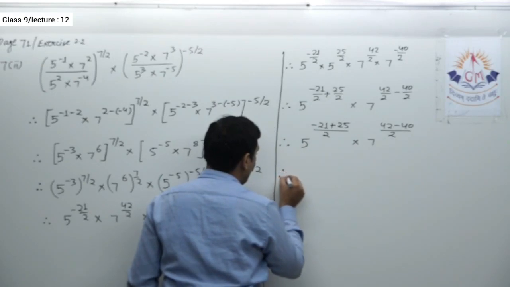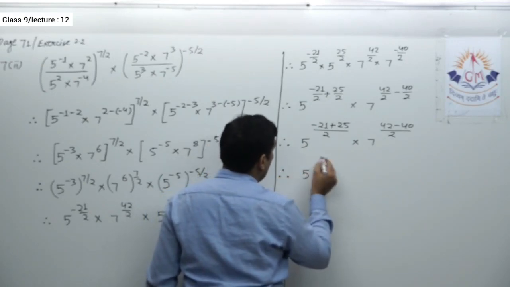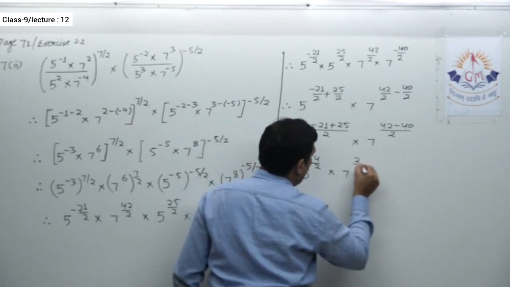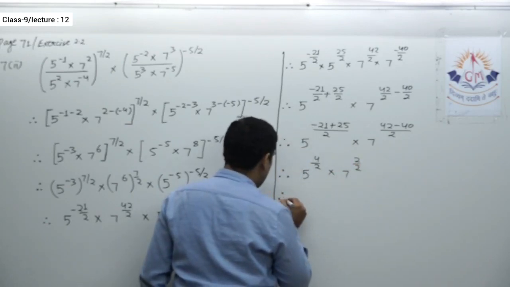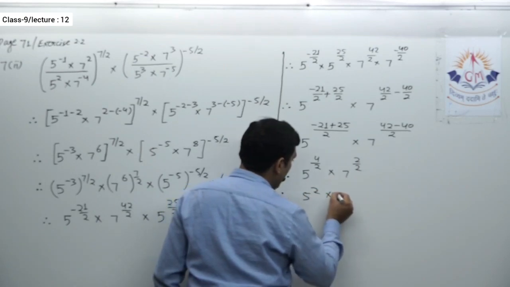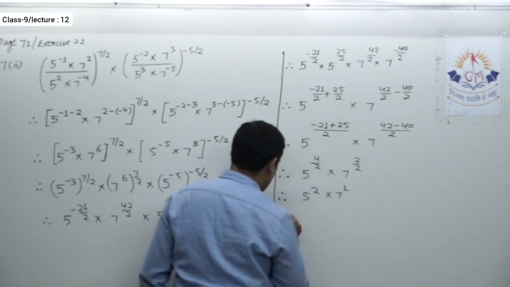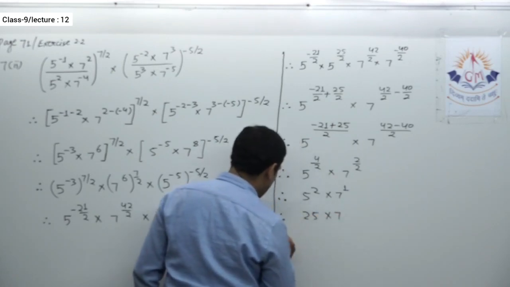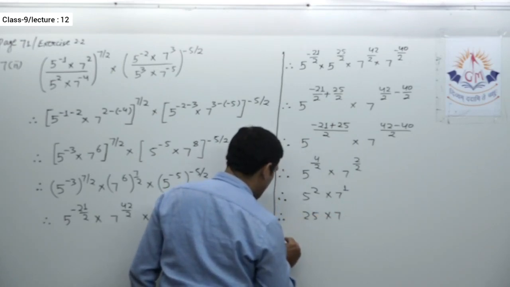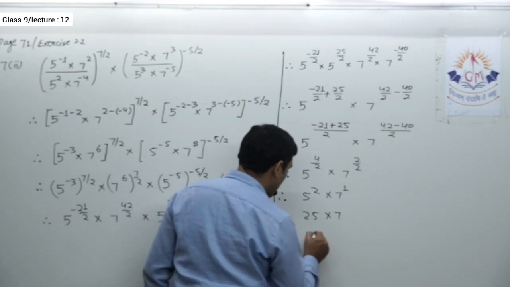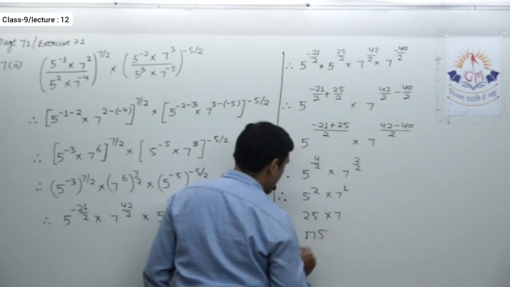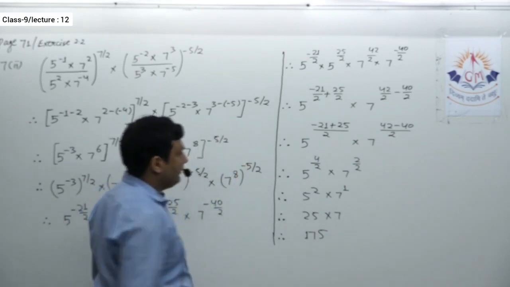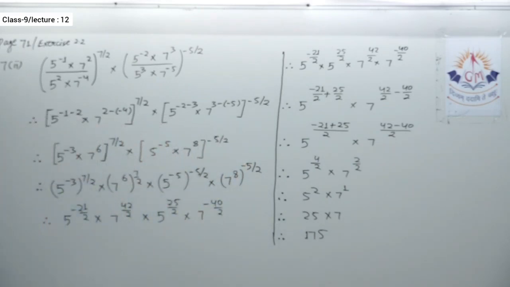So this will become 5 raised to 4 by 2 multiplied by 7 raised to 2 by 2. So this will become 5 square multiplied by 7 raised to 1. So this will become 25 multiplied by 7, and finally we'll get the answer, that is 175. Okay, so this is my final answer. So please note it down.